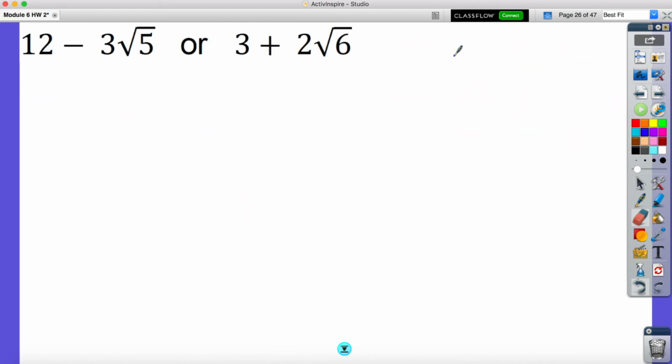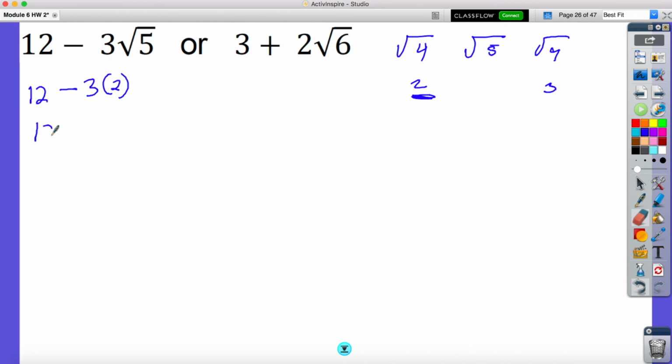All right, same idea here now, guys. Radical 5 is somewhere in between the square root of 4, which is 2, and the square root of 9, which is 3. So in blue, this is saying 12 minus 3 times, and my smaller value would be 2. That is 12 minus 6, which is 6.